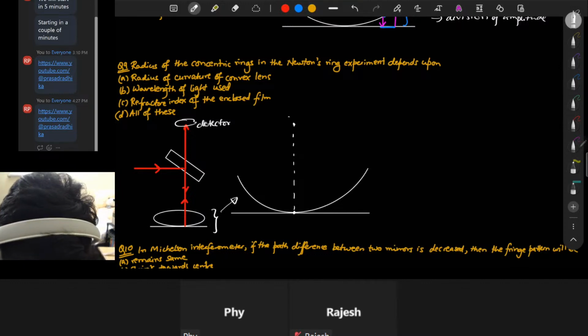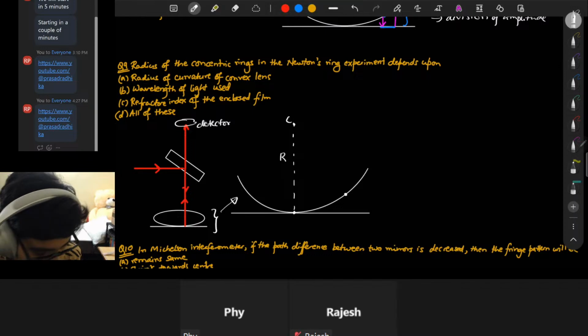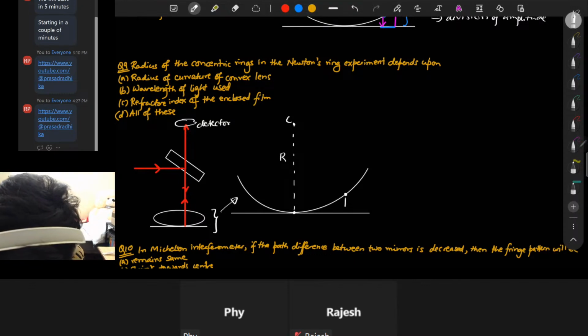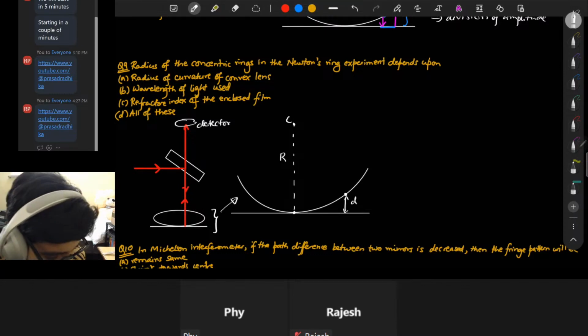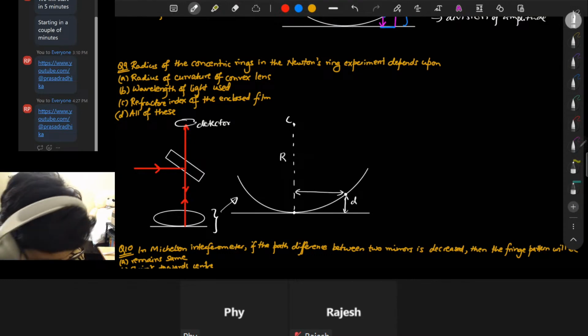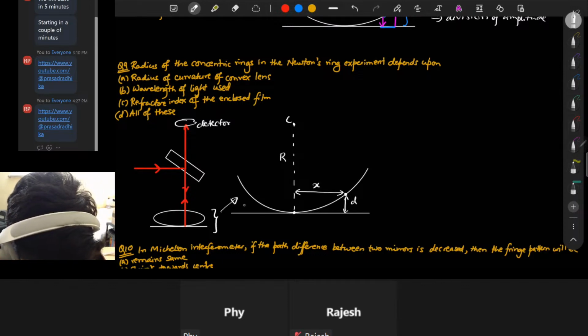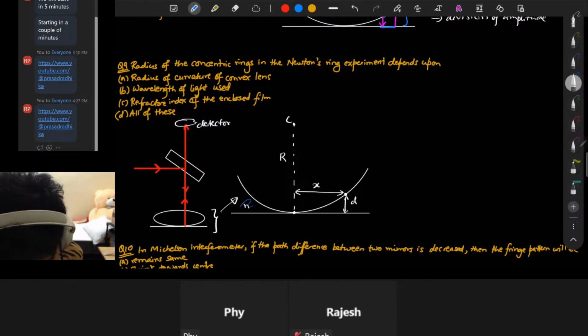So this is the center and this radius of curvature would be R. And let us say we are looking at rays which are getting transmitted and reflected from this point. So this is the thickness D of the film, and this is the distance X. Let us call it X, and the film is there between this convex lens and this optically flat surface. This is the film.